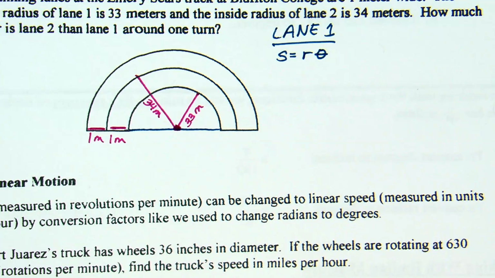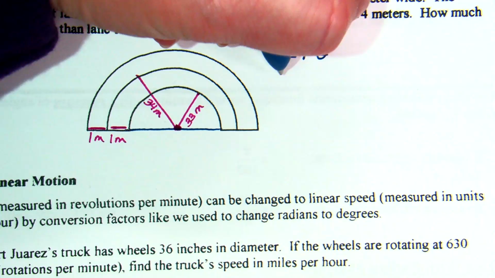There's several different letters that they use for angles, but theta is a common one. So S equals R theta, S standing for the length of the arc. R is the radius. What's the radius for lane 1? From the center to the inside is 33.